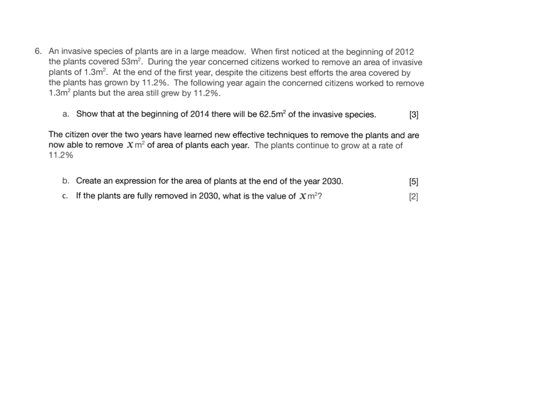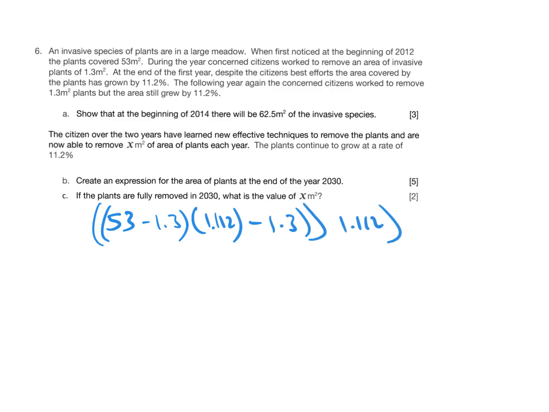And we know we start off with 53 meters squared. We remove 1.3, and then that grows by 11.2%. And so that is what there is at the end of year 2012. Then what happens is this value here, we subtract 1.3 again, and then that value gets multiplied by 11.2%.